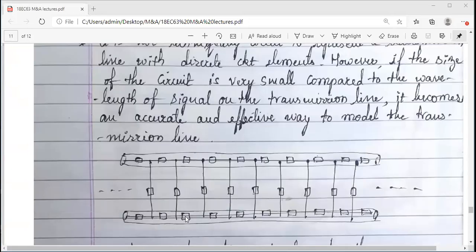You can see this diagram here. It looks like a ladder, right? It is not a ladder. Let me draw it here. As I'm telling you, transmission line means a pair of wires. So this indicates one wire.